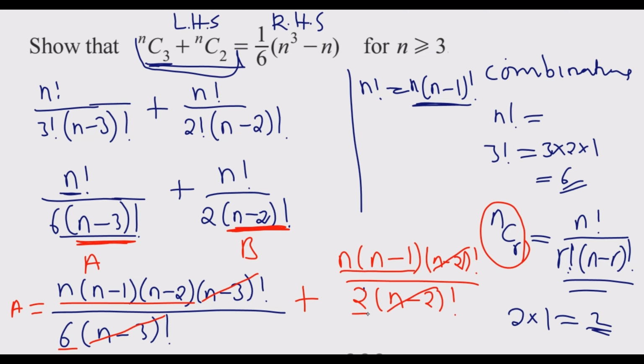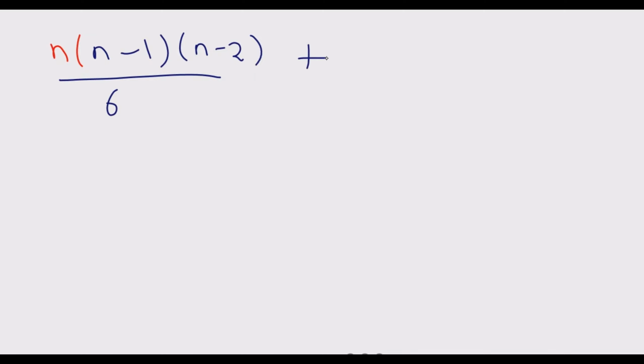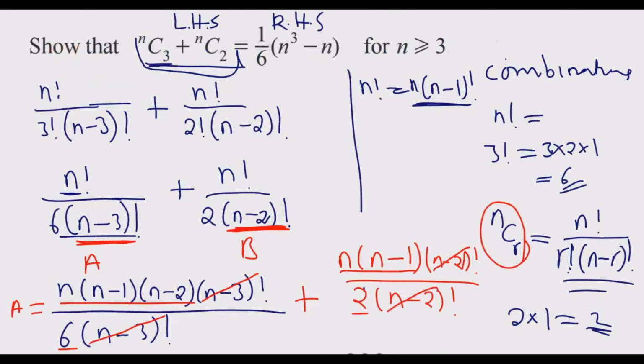Then from that we can proceed to the clean page. We're going to remain with n minus 1 multiplied by n minus 2 over 6, then plus n minus 1 over 2. So you notice that this is exactly what we have. This is this part over 2, then it's this part over 6.